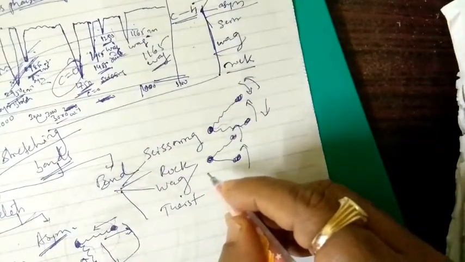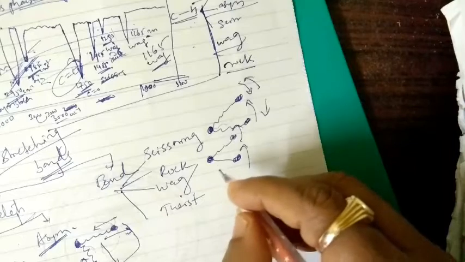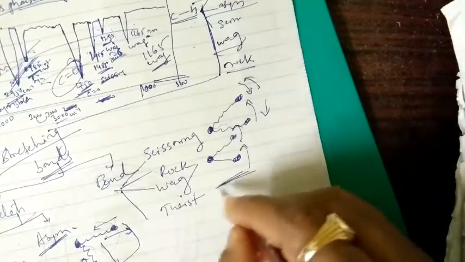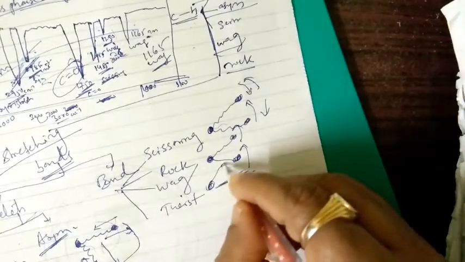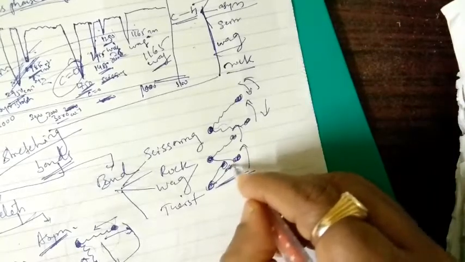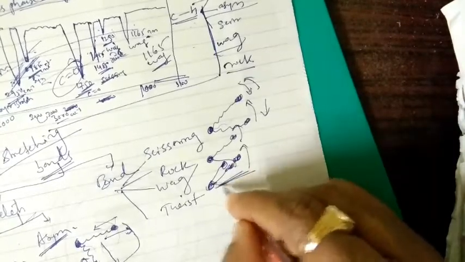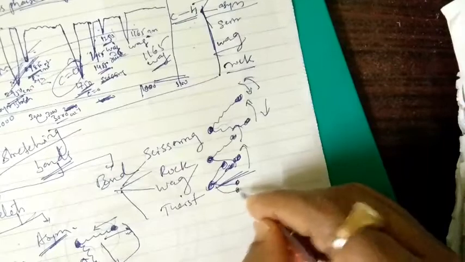And in wagging, there is a plane, so above the plane and below the plane, you can see here like this. So this is above the plane, okay, and this is below the plane.